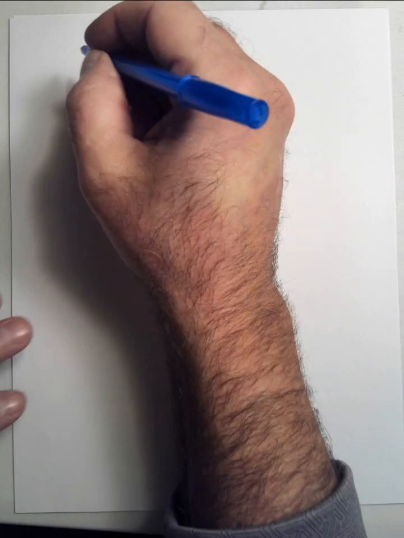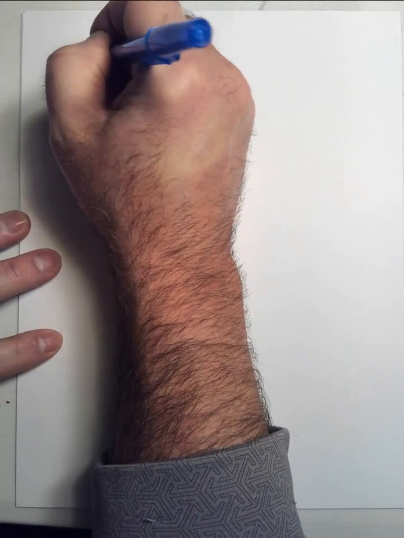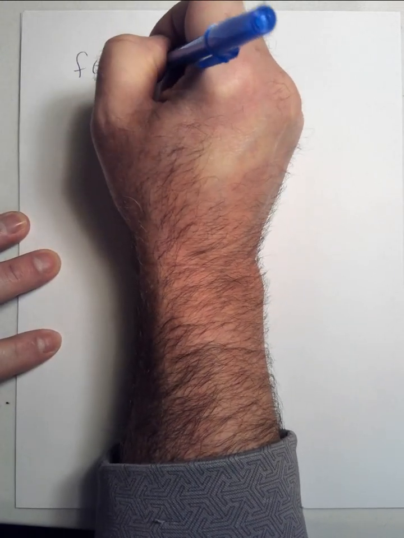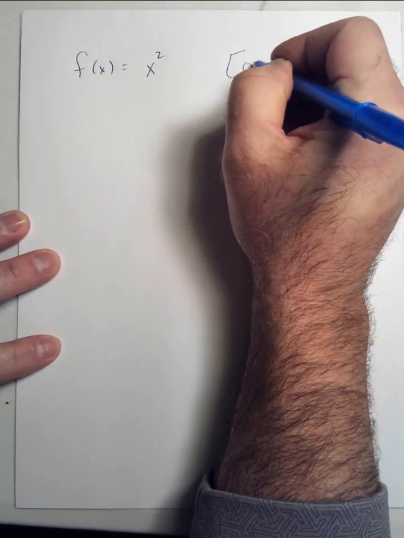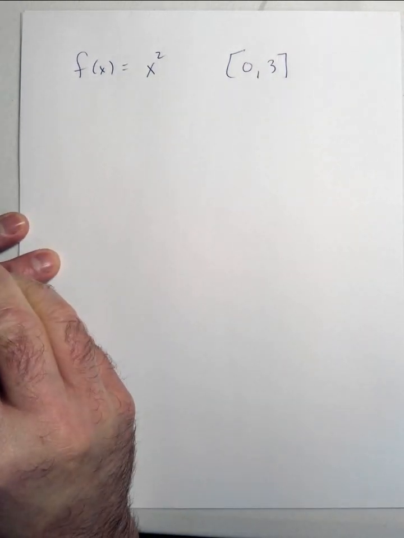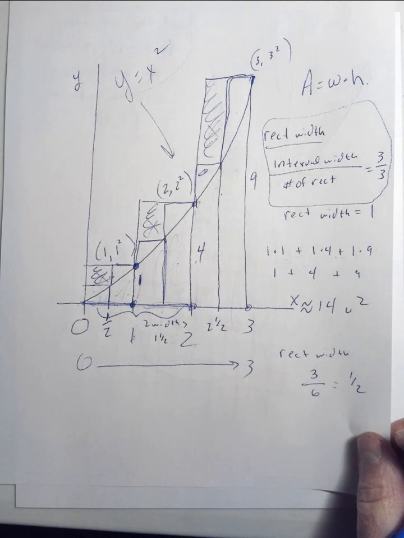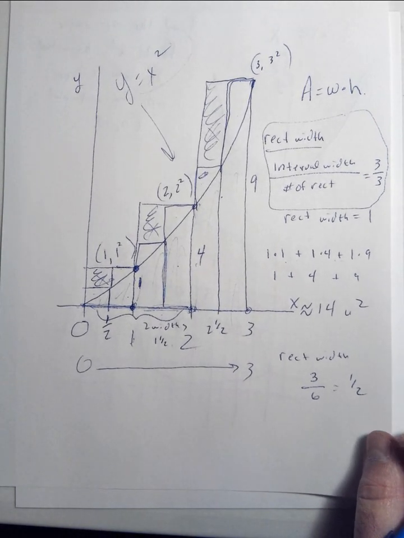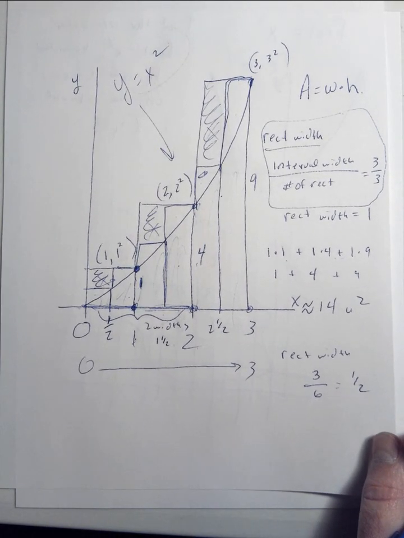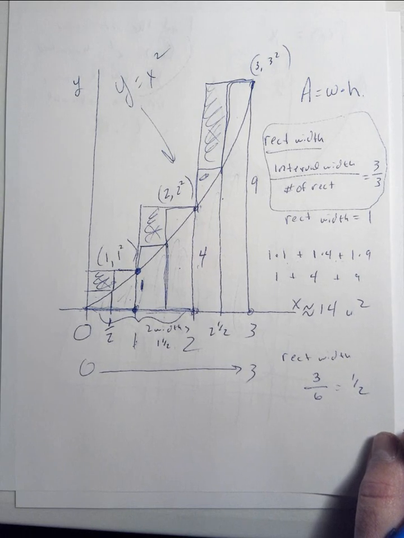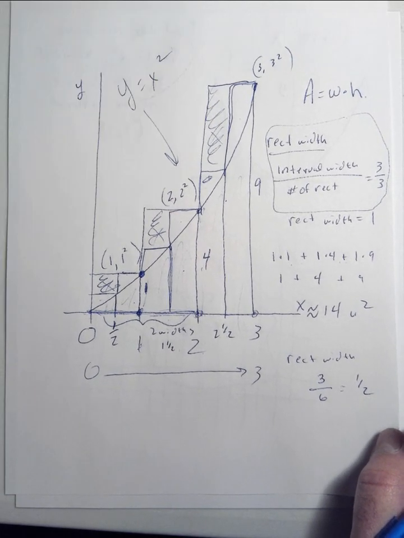Go back to my function, right? On the interval from 0 to 3. And looking at this, how could we make this more and more accurate? The answer is to increase the number of rectangles. The more rectangles, the less overages, right?